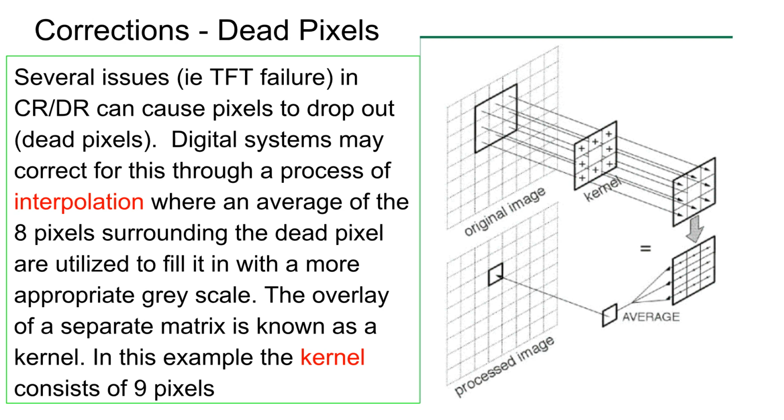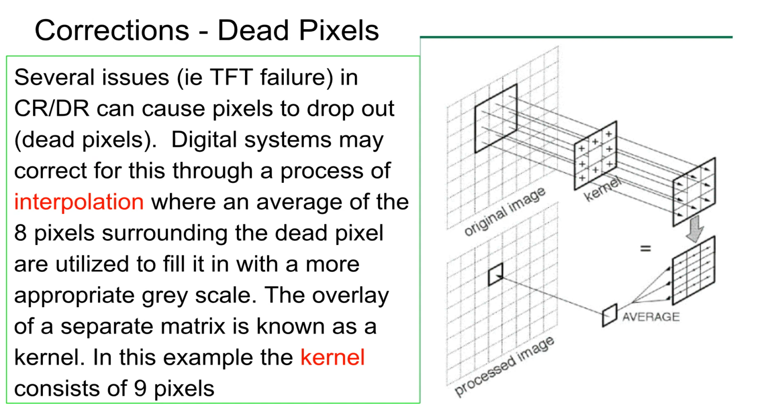Logic says, especially since these pixel sizes are really small, sub-millimeter, that if the 8 pixels have a certain brightness level, the dead pixel's probably going to be somewhere in the ballpark of that brightness of the ones surrounding it. Let's turn it on and give it that brightness level.